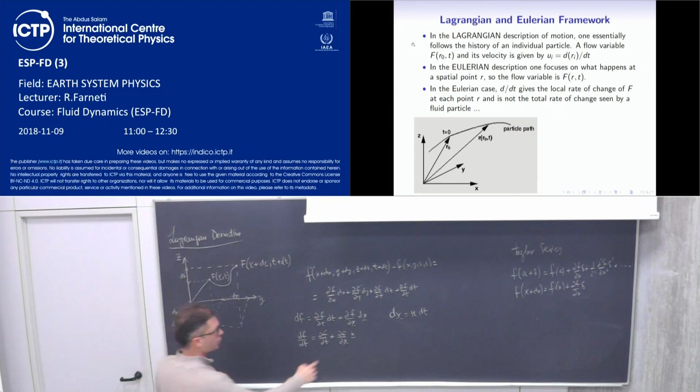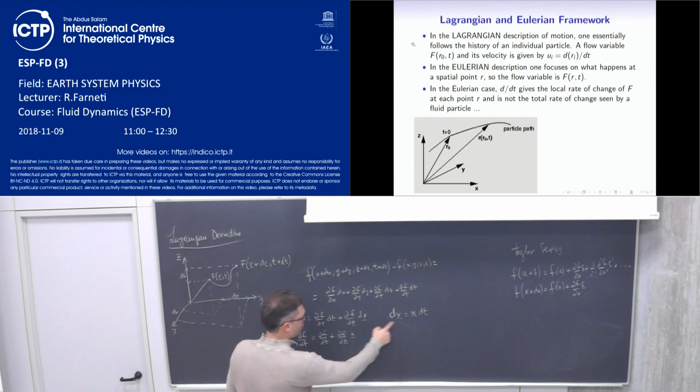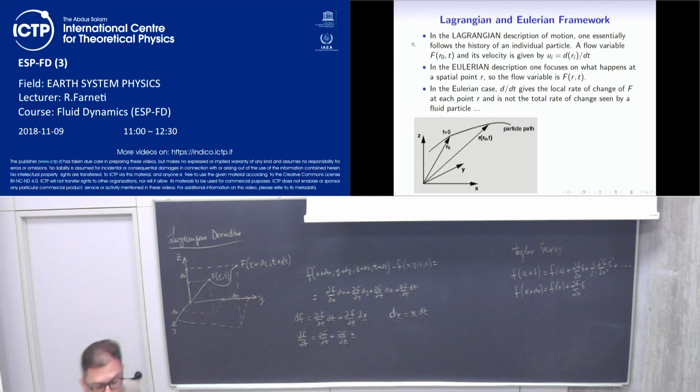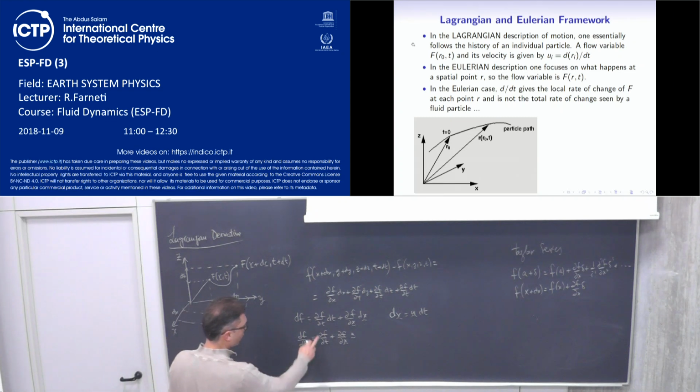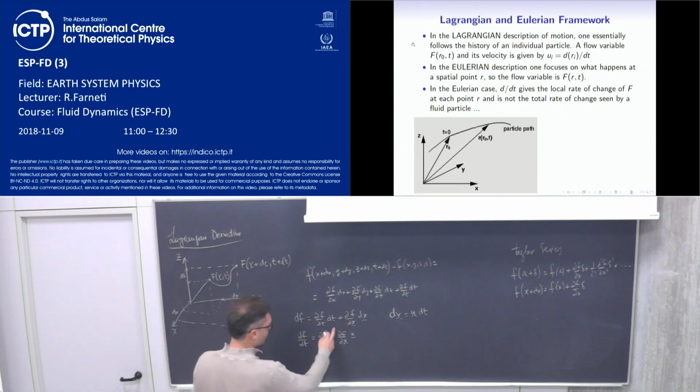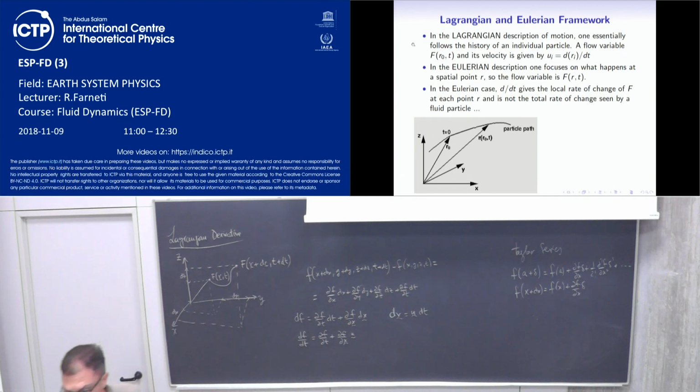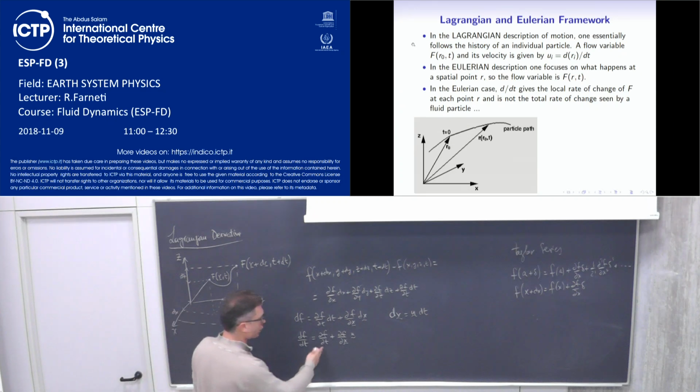Because I've just substituted dx by u dt. Okay, so the rate of change of f is given by d by dt of f plus the changes in space of f times the velocity vector. So this is the advection coefficient. So there is a flow that is advecting my f, my variable, and f changes in time.